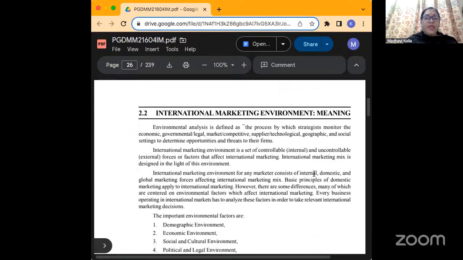So, in terms of an international marketing environment, let us first look at the meaning. When we talk in terms of environmental analysis, it is defined as the process by which strategists monitor the economic, government, legal, market or competitive, supplier and technological, geographic, and social settings to determine opportunities and threats to their firms.